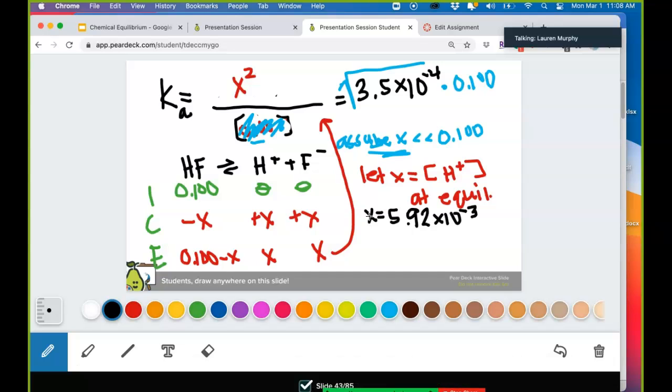Well, I picked who I let X be. So that is what the hydrogen ion concentration, that's what I said it was. So hydrogen ion concentration is 5.92 times 10 to the negative 3rd, and concentration is measured in molar. X was also my fluoride ion, so it's the same number.